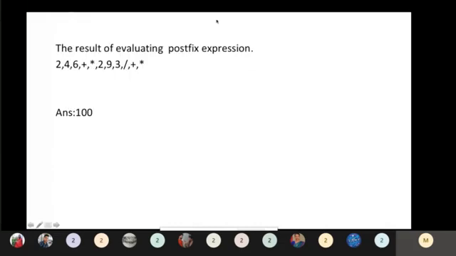Here we have another example, evaluating a postfix expression. Here you see we have 2, 4, 6. So first we push 2, then 4, then the third one is 6. Now we have an operator, plus.